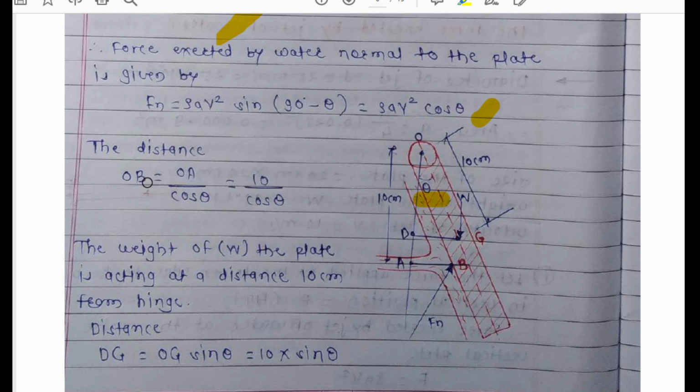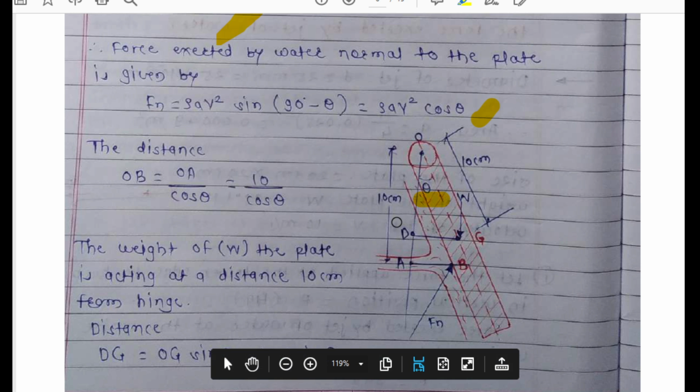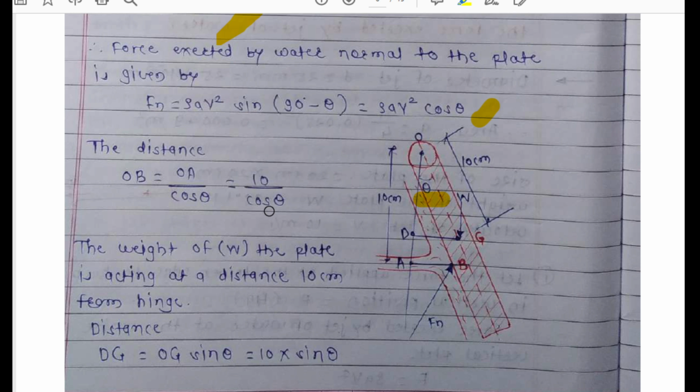The distance OB equals OA upon cos of theta. The value of OA is 10 centimeters, half of your height, so 10 upon cos of theta.